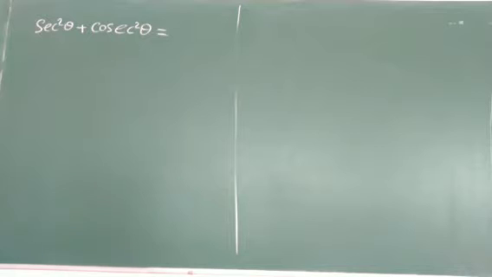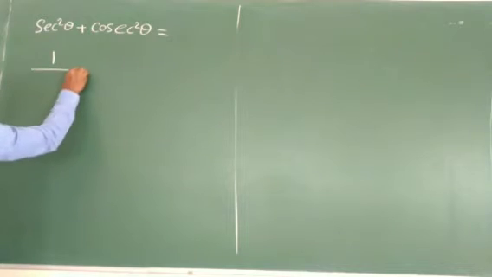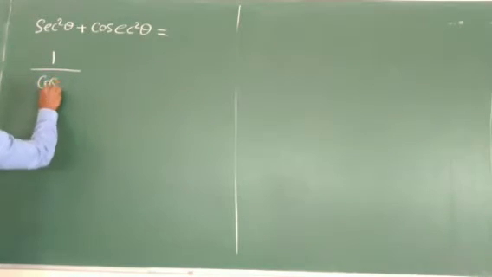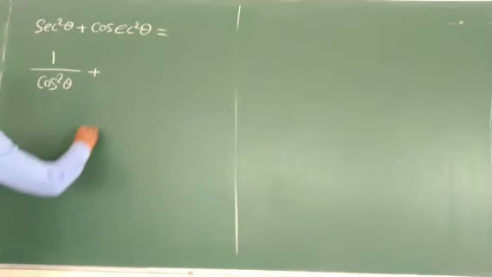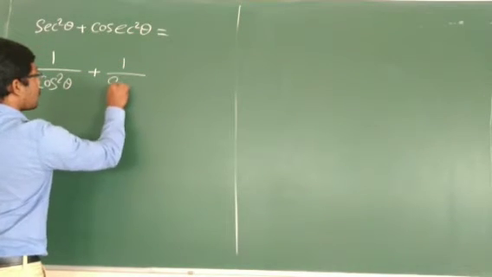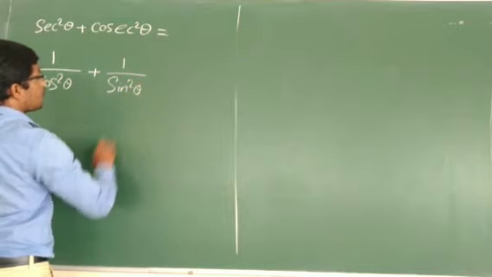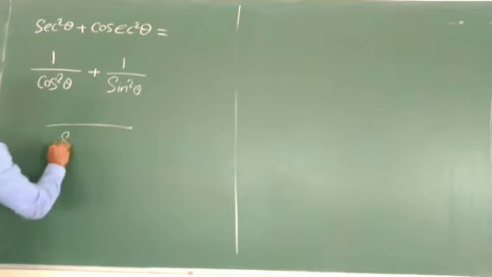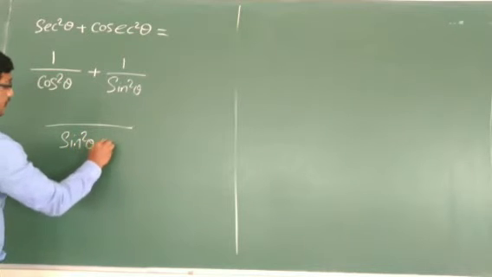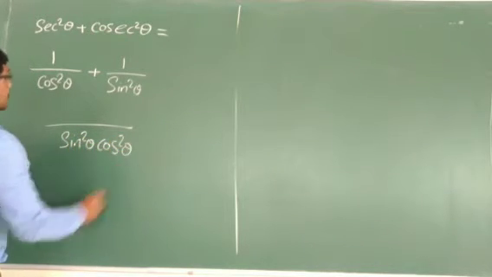Next question, secant square theta plus cosecant square theta equal to. Let's first convert secant square theta into 1 by cos square theta plus cosecant square theta as 1 by sin square theta. Now take LCM, sin square theta into cos square theta.